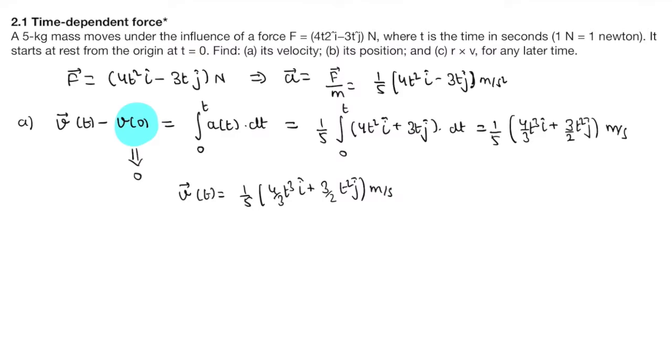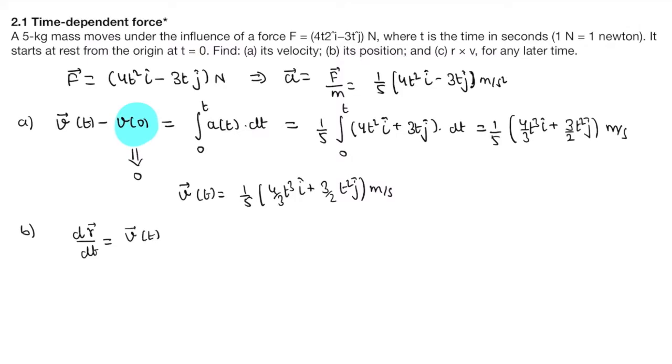And now the second thing I need to calculate is its position. So v vector can be written as dr vector upon dt equals v vector as a function of time.